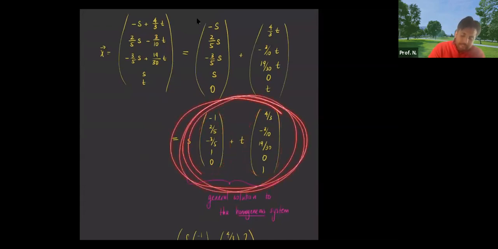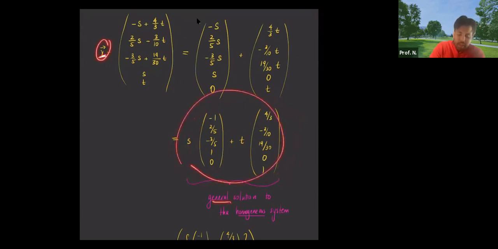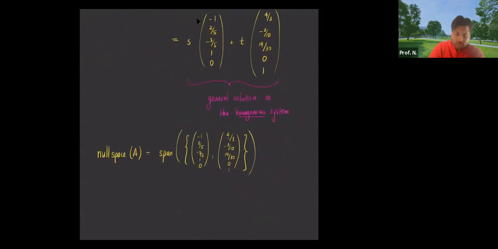So this x, which is solved in its general form, is a linear combination of these two vectors, which means that the null space is the span of these two vectors. So then the question is, find a non-zero vector in your null space.